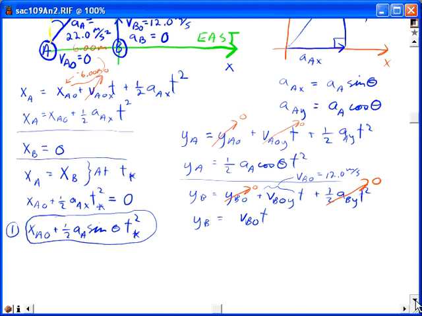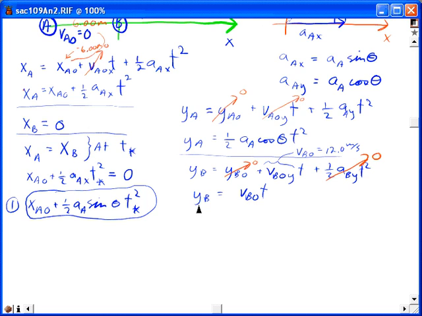Alright, so we got an expression for each of the y positions at t star. We have the y components have to be equal as well. I think I'll go with the A first. So y sub A is going to be equal to y sub B. Alright, so the 1/2 a sub A cosine of theta times t squared has got to be equal to VB0 times t.